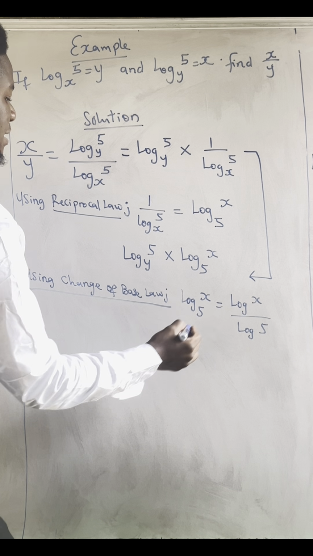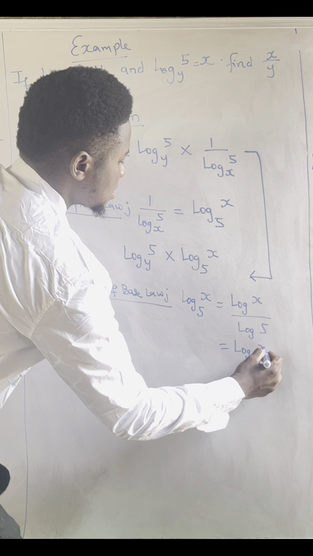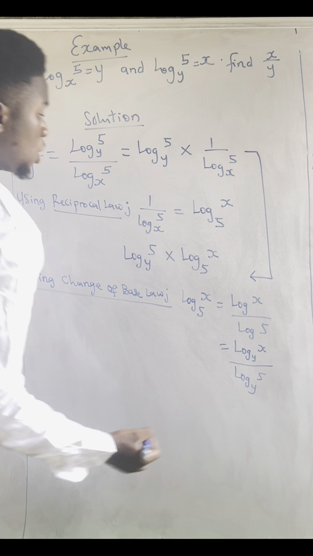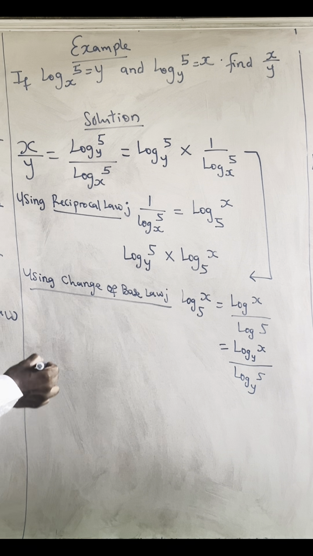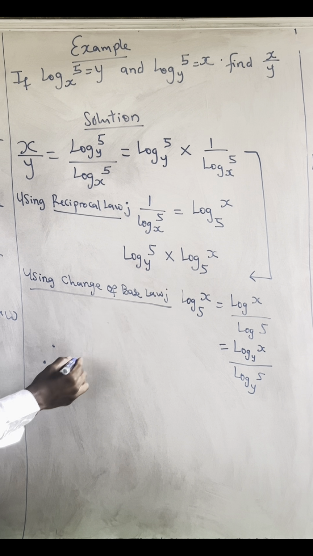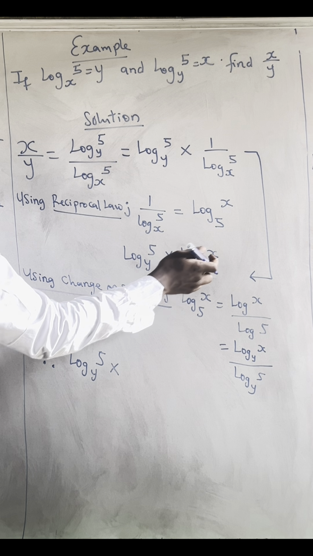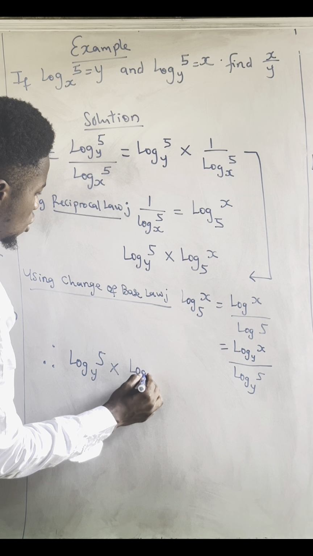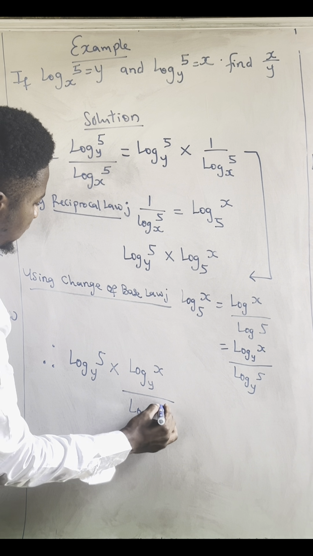So therefore, log x over base y. Therefore, log 5 multiplied by x base 1 over base y.